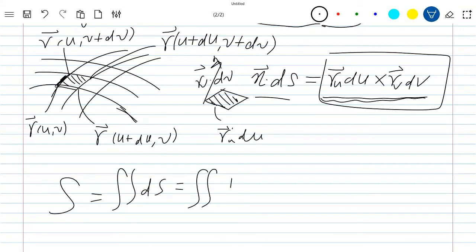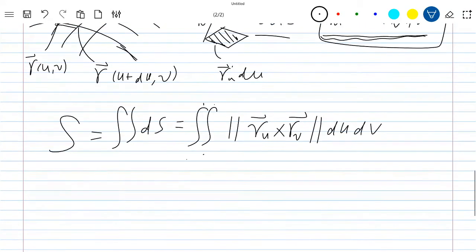So you will just get the norm of Ru cross Rv du dv. So you find the derivatives over u and v, take a cross product, take its norm, then integrate over u and v. And you need to specify the limits for u and v. Alright, so that's how you find the area.